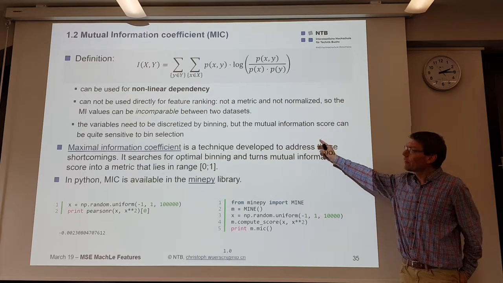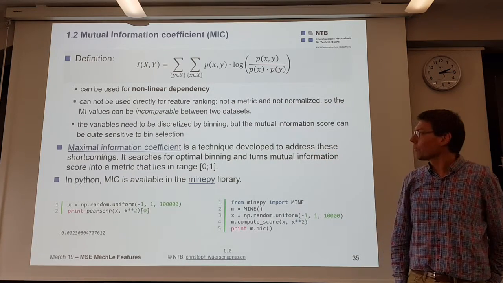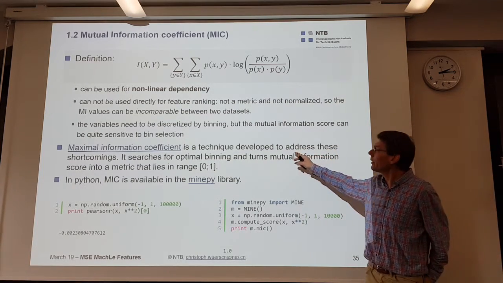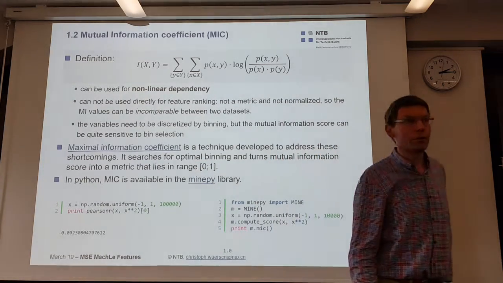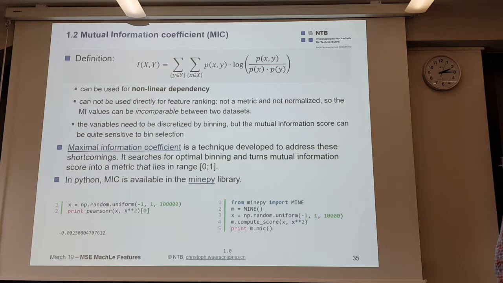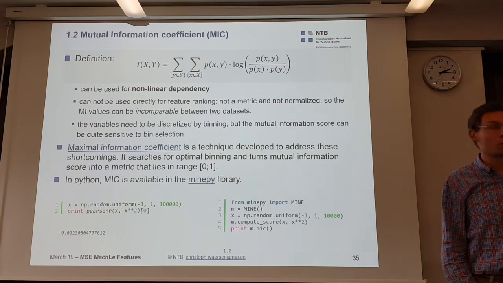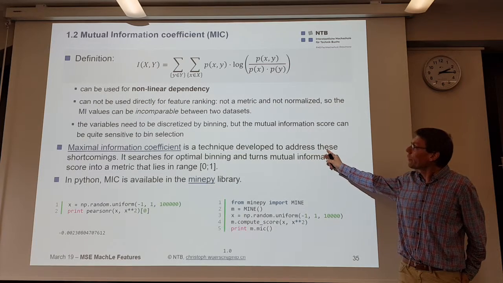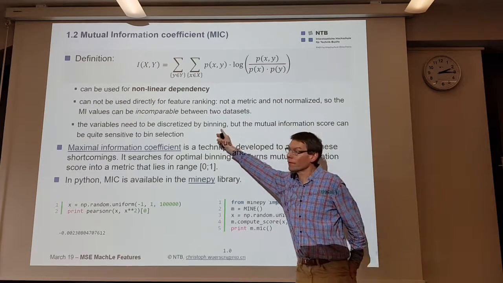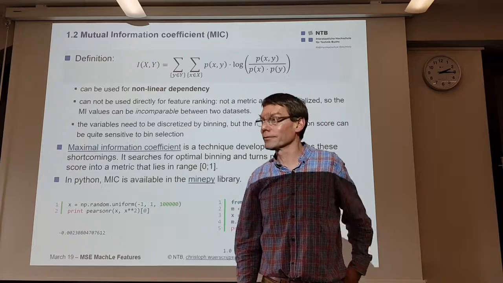And it's not that easy to apply it. Sometimes you have to apply binning. Another method is the maximum information coefficient, MIC, which can be used to cope with things where we have less influence on the discretization of the data.